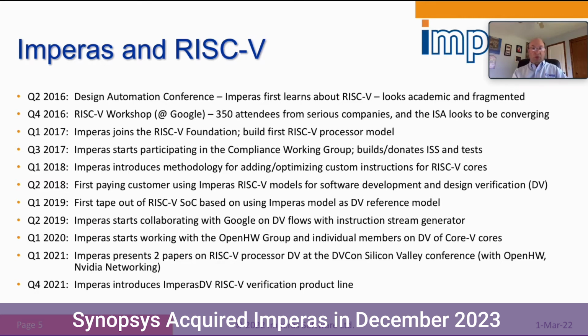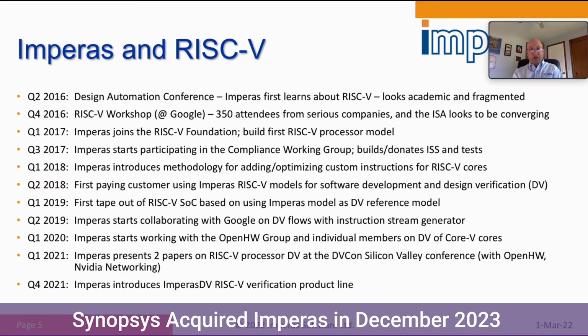So a couple months later, we joined the RISC-V Foundation. We built our first RISC-V processor model. We started participating in the compliance working group. And as part of that, we built and donated an instruction set simulator and tests. We started a year later in 2018.